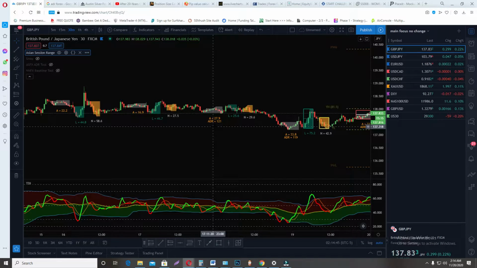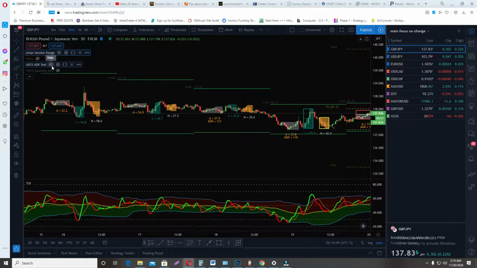So when I come back in here, I can know, okay, in the Asian range, this pair only moves 27 pips. So I know, okay, cool. If it's gonna move 102, 110, then I know I got some pips to move. You understand what I mean? So the Asian range is super dope. When I tell you this thing helped me so much in my daily setup, it helped me.